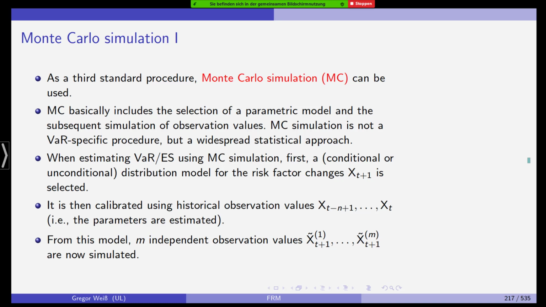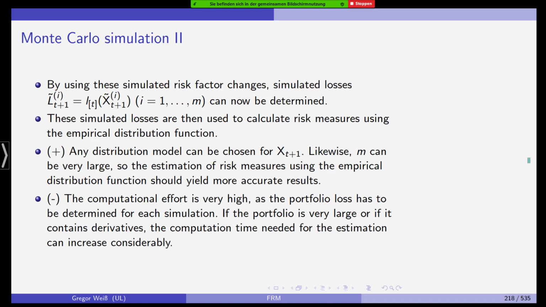And what you then would do is, you would assume certain distributions for your risk factors. You would then simulate from these assumed distributions for your risk factors, insert them into the loss operator, and then generate m independent observations from the risk factors and thus from the loss distribution.